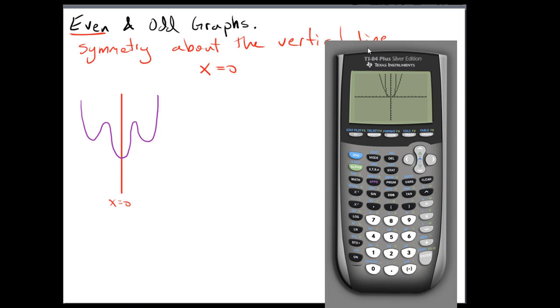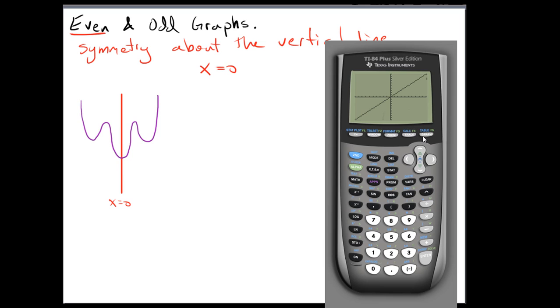What about some odd graphs? Let's do x, that's odd. Let's do x cubed, that's also odd, and we'll do x to the 5th. I'm going to do actually 0.5 times x to the 5th minus x.